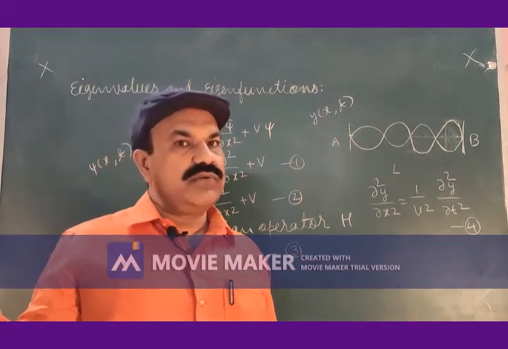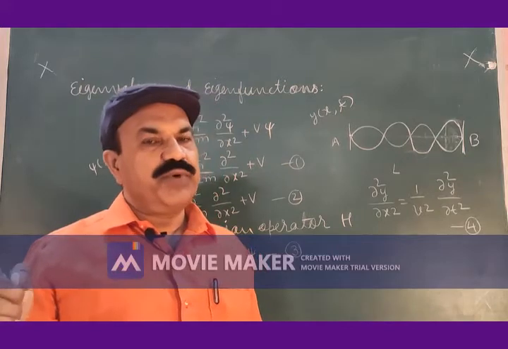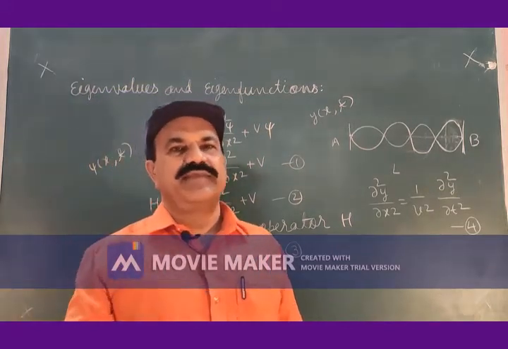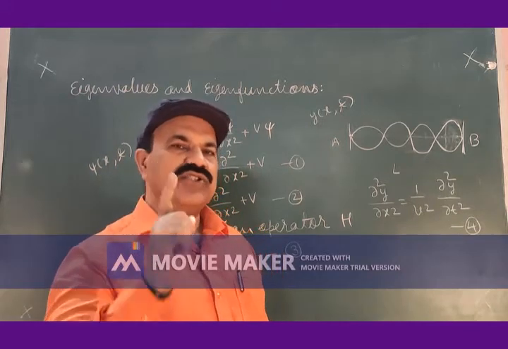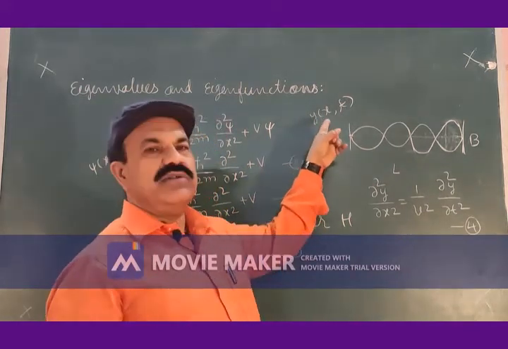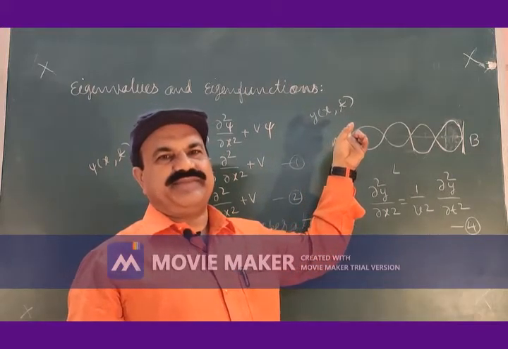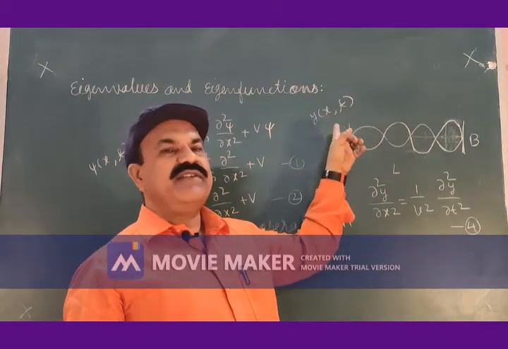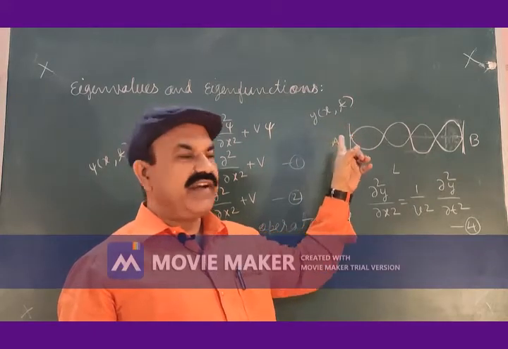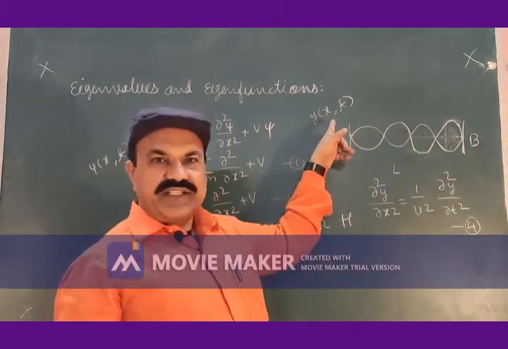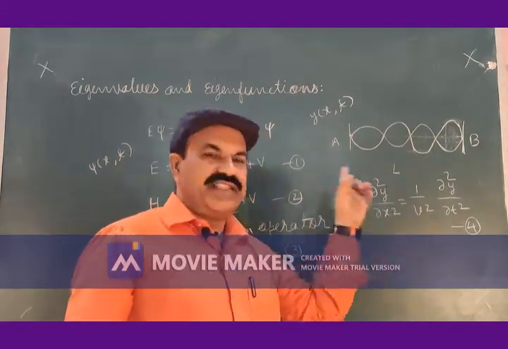So, just similar to the conditions we put on the wave function psi, the acceptable wave function psi, all those conditions are put on this displacement y. This displacement y should satisfy the boundary conditions of this system. This displacement y should satisfy this equation.